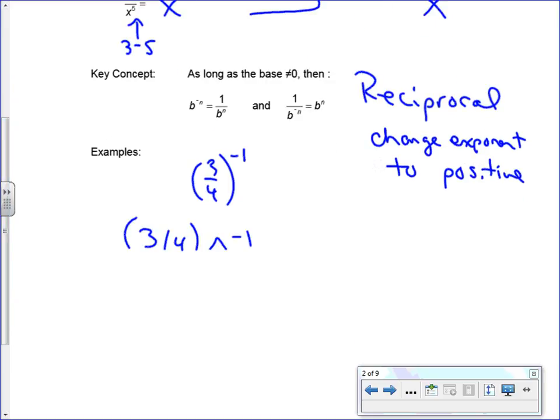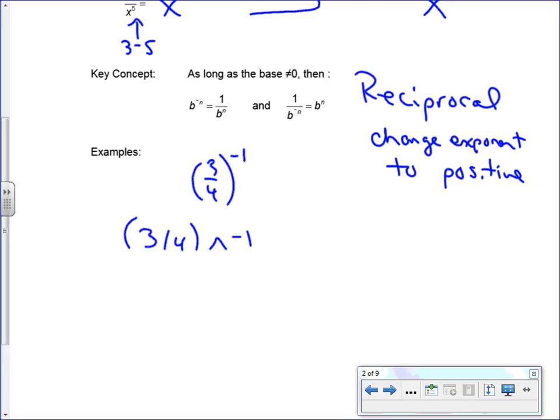Now before you hit enter, can y'all tell me what is the reciprocal of 3 over 4? 4 over 3. Now I want you to hit enter, and I want you to do math 1. And what does it say? 4 over 3. So that little negative exponent means do the reciprocal.